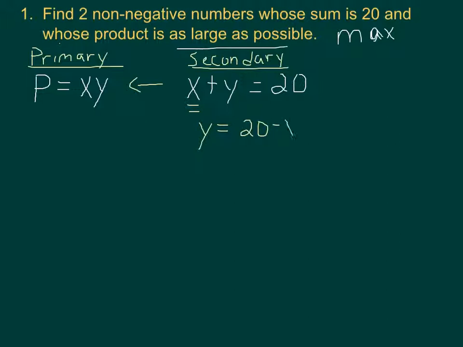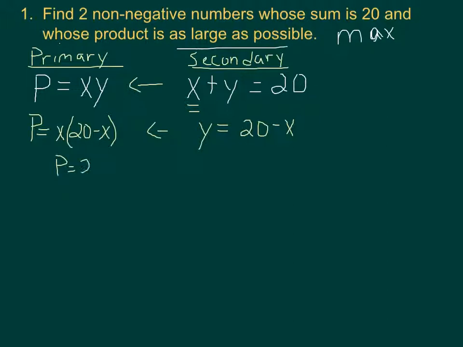You could do this by solving for X and getting 20 minus Y. It's not going to matter. And then I'm going to plug that into my primary equation. So I now have P equals X times, and instead of Y, I'm going to write 20 minus X because that's what Y equals. And I'm going to go ahead and distribute.